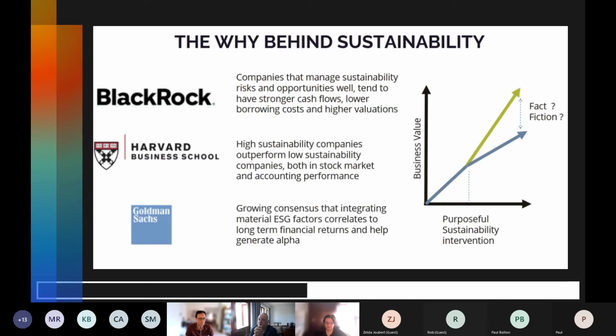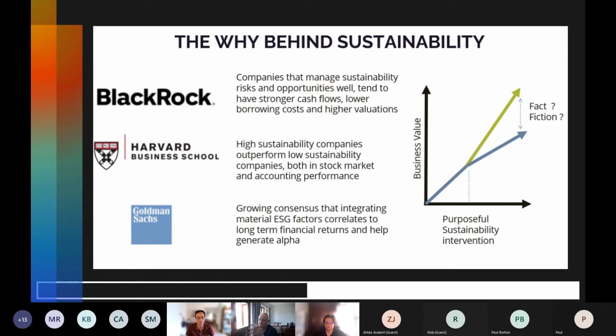Next slide, please. So the why behind sustainability, we had a look at this. There are multiple thought leaders, and they speculate, oh my word, the construct of business value, if one adopts sustainability initiatives, actually increases.